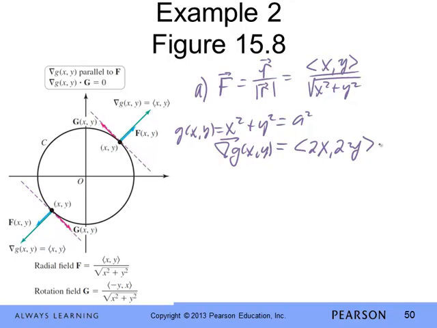What does part B ask us to do? Show that at each point of C, the rotation vector field x comma y is parallel to the line tangent to C at that point. Okay. Well, how can you find out whether two vectors are parallel?